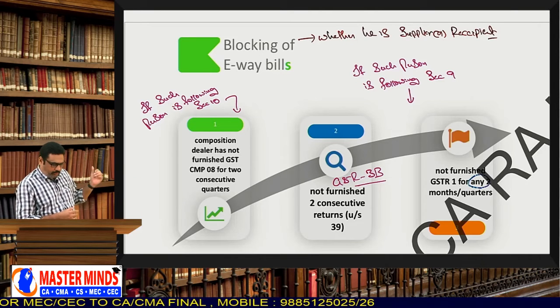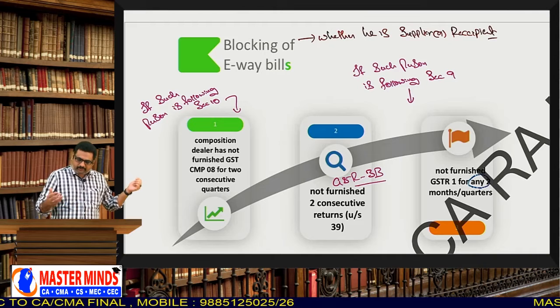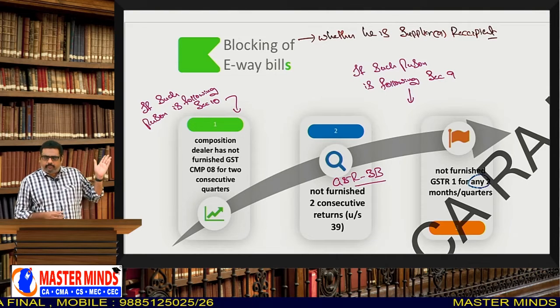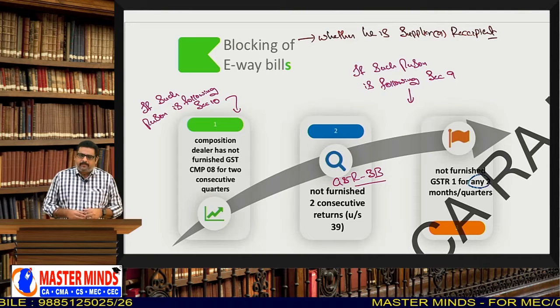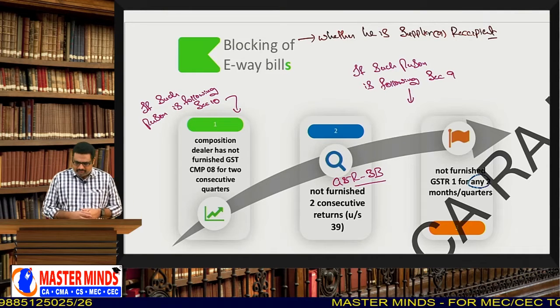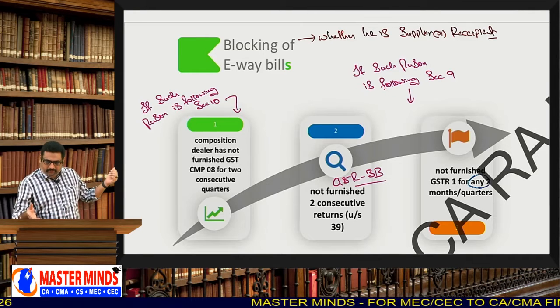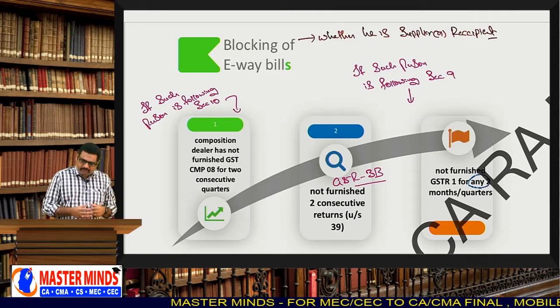If such a person is following section 10, that means he is a composition dealer, then if for a continuous period of 2 quarters he does not file CMP 08, EWAY bills can be blocked.